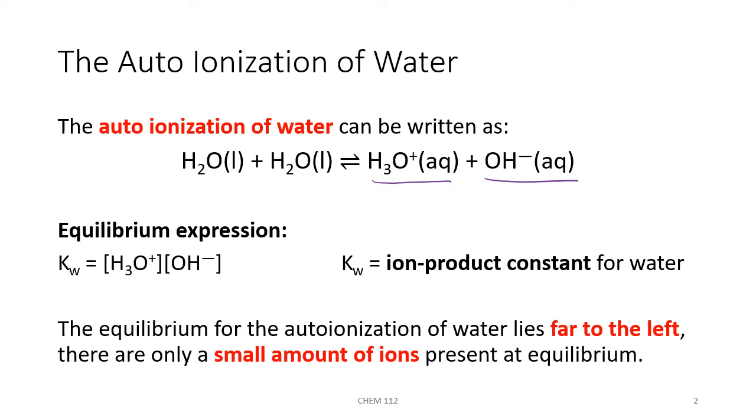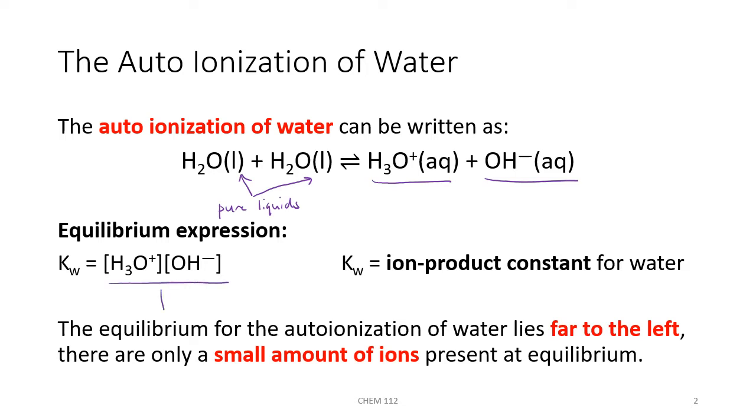If we were to write our equilibrium expression for this equation, it would reduce down to our products over our reactants, which our products are hydronium concentration times hydroxide concentration, but our reactants are both pure liquids. And we don't include pure liquids or pure solids in our equilibrium expression. So essentially, our denominator is just 1.